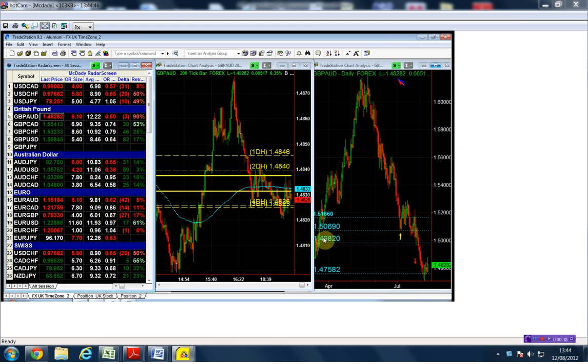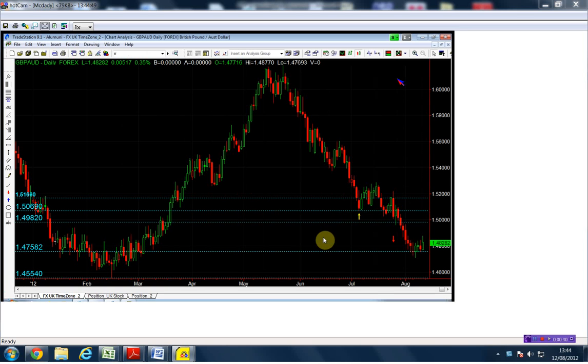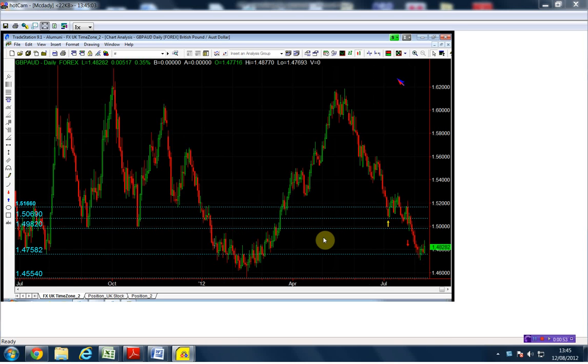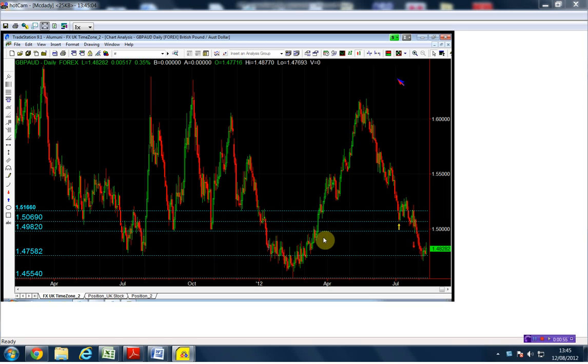Now looking at this chart here, we are definitely in a bear market with regards to the pound Aussie. We should be looking for this thing to continue lower. We closed the week at 148.28.